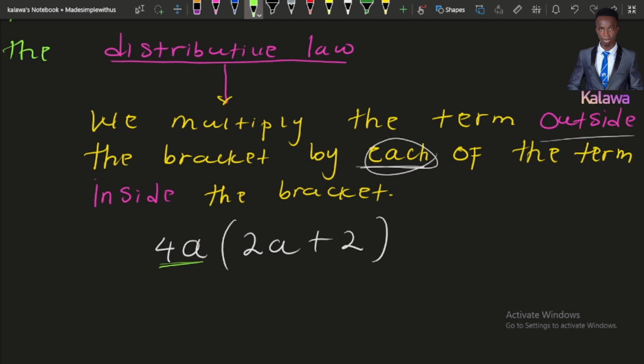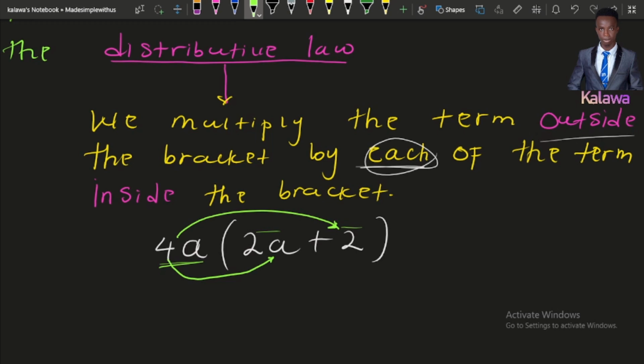So how many terms do we have inside the bracket? We have 2 terms. We have this 2a, and we also have positive 2. So multiply this by this. Now we multiply 4a. This 4a will multiply the 2a, and after which the same 4a we multiply by the constant 2.